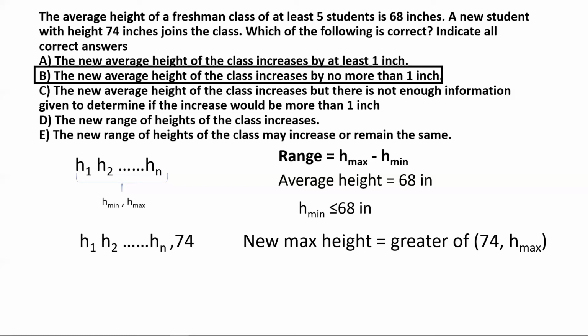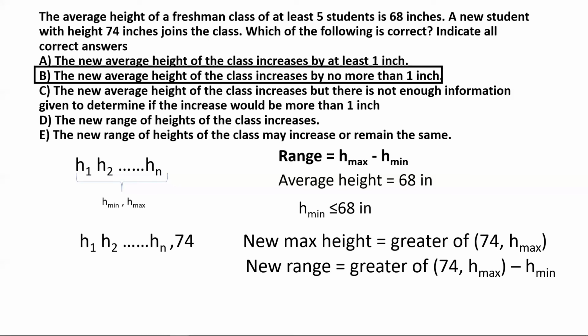So the new maximum height will essentially be the greater of these two heights, 74 compared to Hmax, which was the maximum height of the class before the new student joined. Now we have basically two scenarios, right? So before that, let me just state here that the new range should be the height whichever is greater, 74 versus Hmax, minus Hmin. And Hmin is, like I said, the minimum height. It doesn't change because of the new student, right?